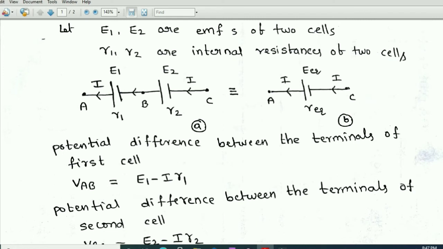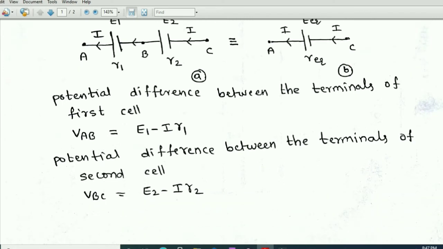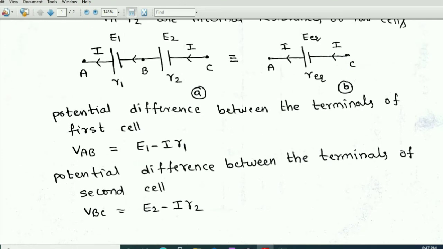Similarly, the potential difference between the terminals of the second cell, this is the second cell. E2 is the EMF of the second cell, R2 is the internal resistance of the second cell, and I is the current passing through the second cell too.